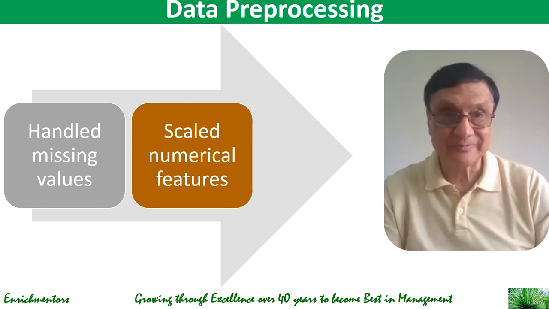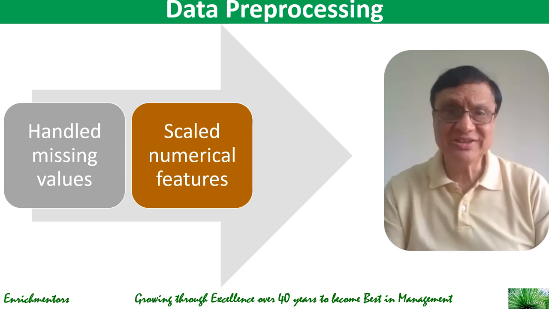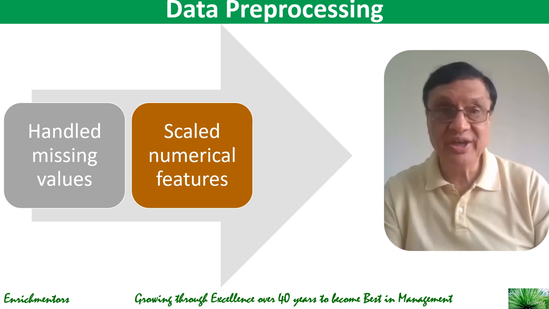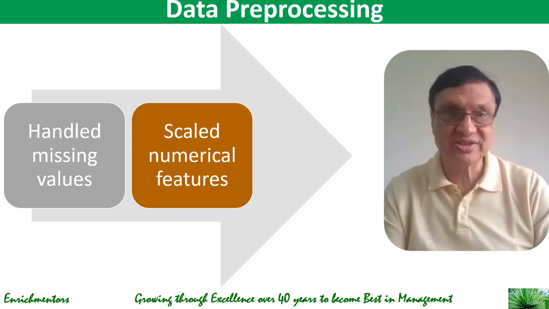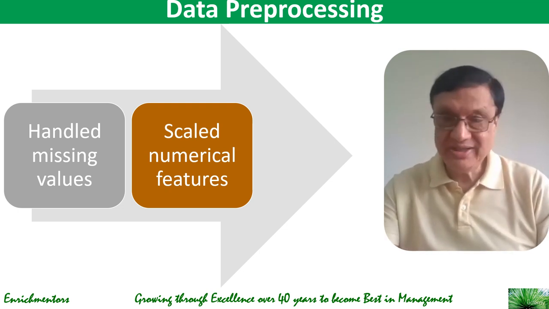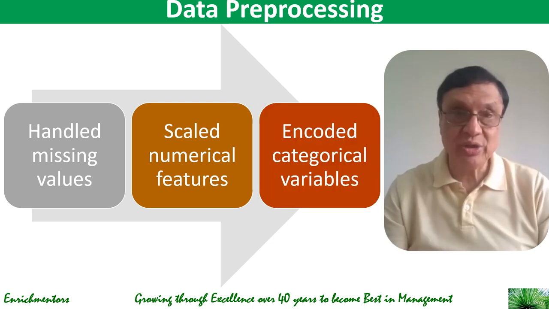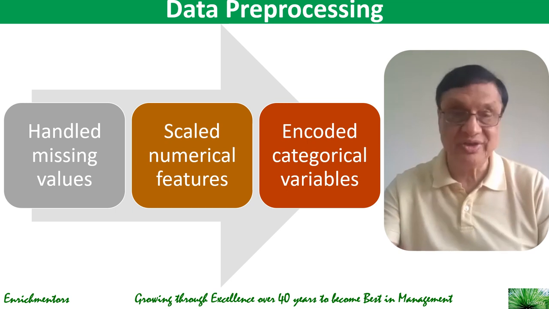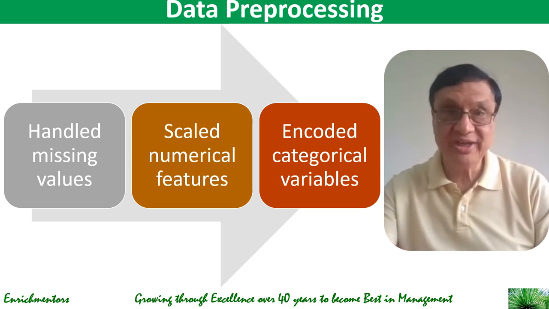The square feet of the house versus the number of bedrooms need to be scaled, because otherwise the square footage would dominate. And then they encoded the categorical variables using one-hot encoding or label encoding that we talked about. So that's how they did the pre-processing of the data.